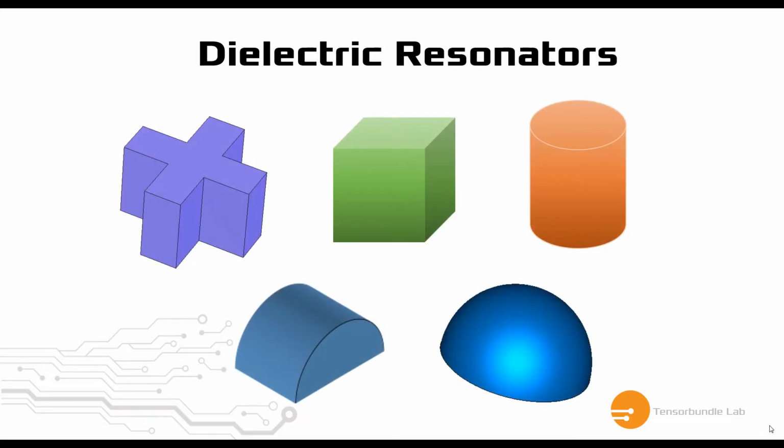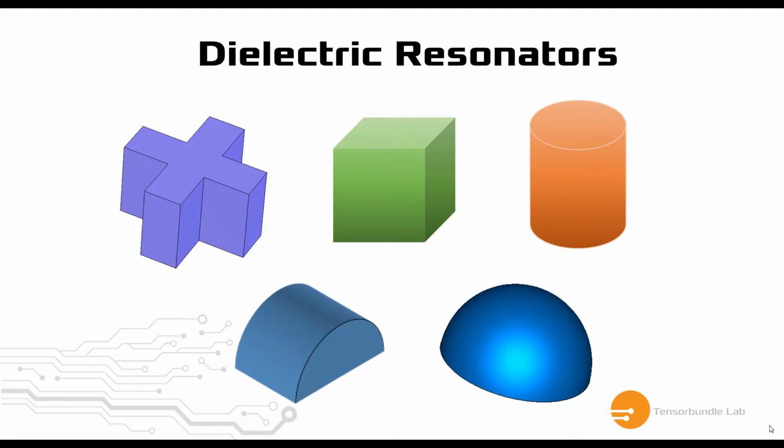So these are very weird shaped materials that can be resonated if excited electromagnetically, and the resonance frequency would be dependent on the shape of this material, and also it depends on the type of excitation that you're giving. For example, you can excite these materials by using microstrip, aperture, or even probe.